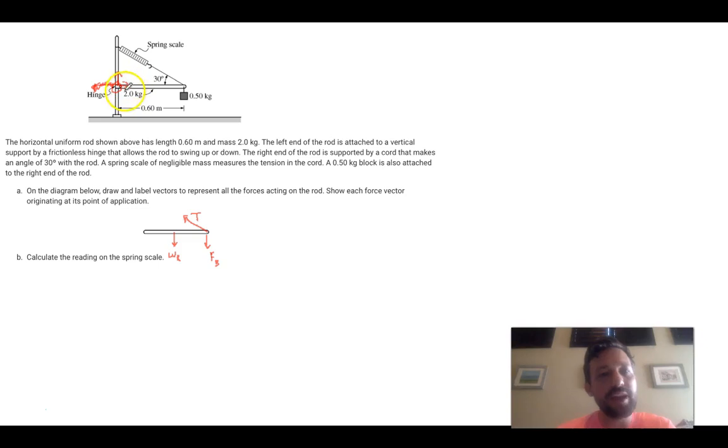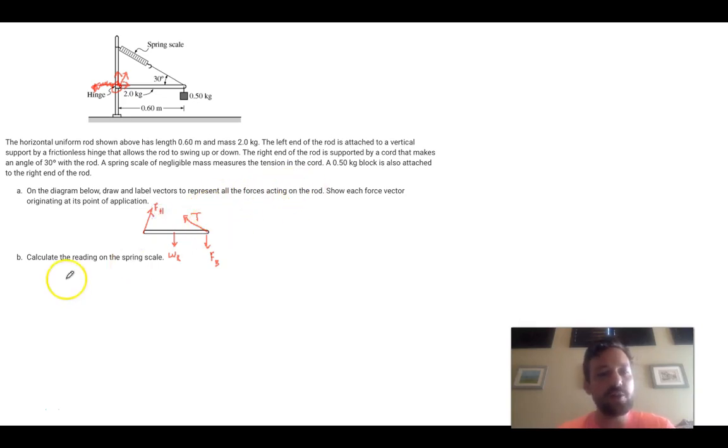So we have a force coming out this way and a force going up to hold this rod in place. So that means that the force vector of this hinge would actually be kind of angled. So you're going to have something like this, yeah? And I didn't mean to draw it so big. My computer's kind of freezing on me. And that's the force from the hinge. I'm going to put like an H for hinge.